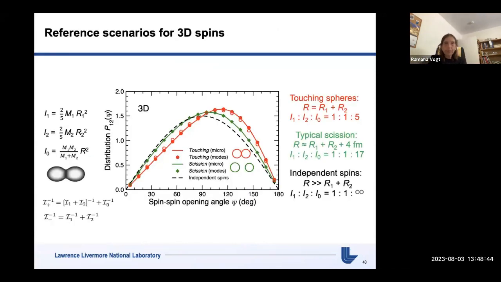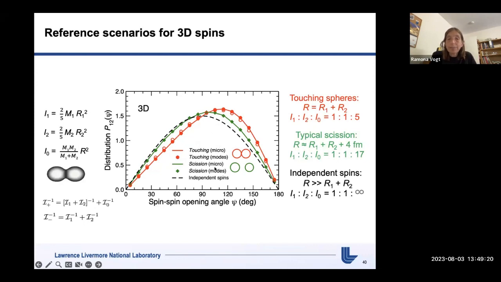If you're looking in 3 dimensions, assuming that everything's independent, then you're not really knowing anything about the fission axis, and you can have independent spins. That's the black dashed line here. You can have touching spheres, which is the red line here, and the dots.